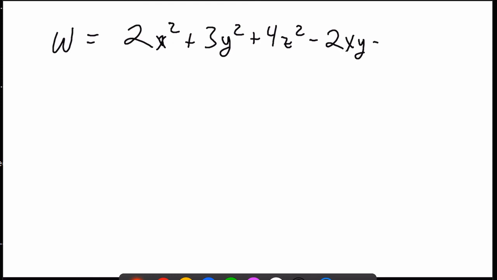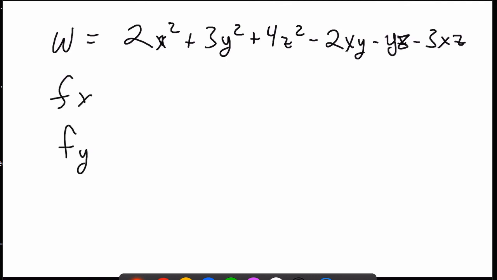Okay. So what if we have something that looks like this? Okay. And we just want to optimize it. Well, we're going to find the first partials, right?